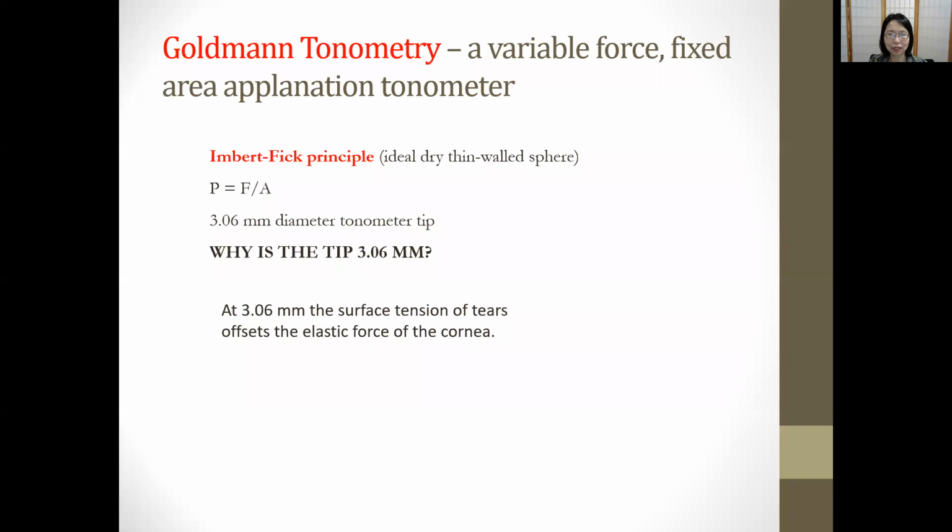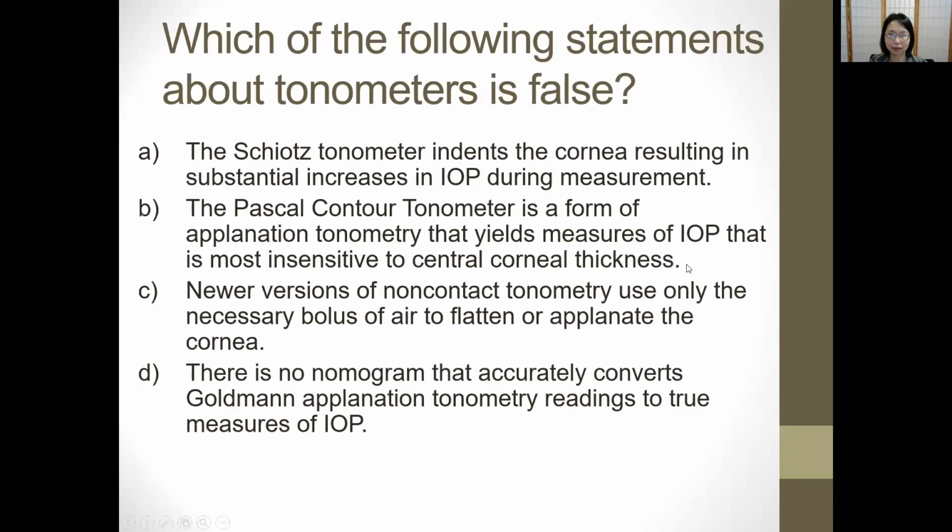The reason for the size is that at 3.06 millimeters, the surface tension of tears offsets the elastic forces of the cornea. Of course, this is assuming that the cornea is a perfect sphere and has normal elasticity properties.